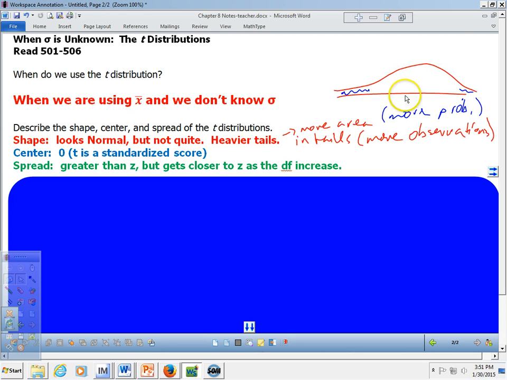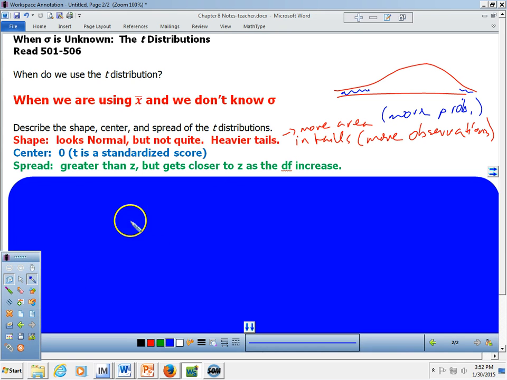It'll have to spread out some. So the spread is greater than z, right? But what is also interesting is that the t curve gets closer and closer to the z curve. The spread of our t distribution gets closer and closer to the normal distribution as the degrees of freedom increase, okay?